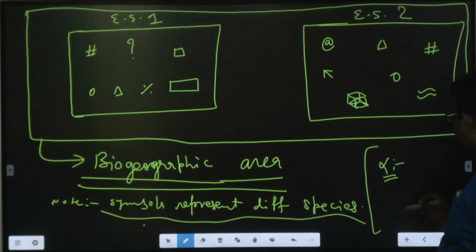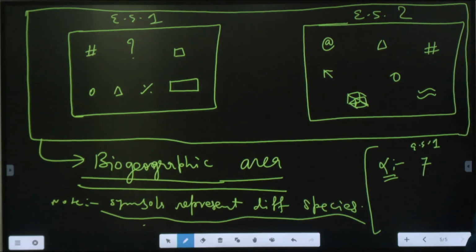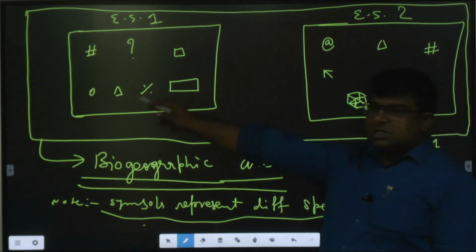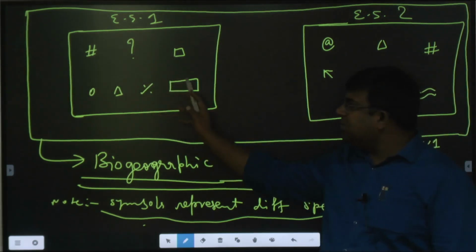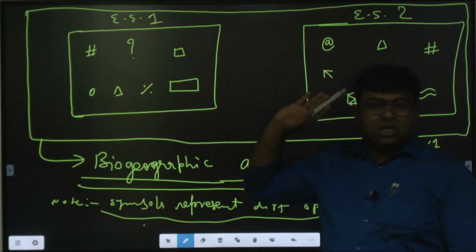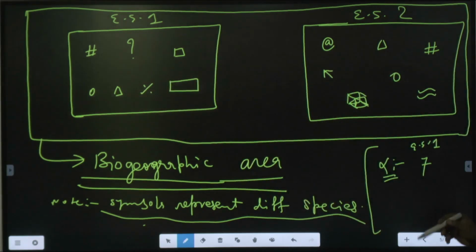So alpha diversity for ecosystem 1 is 7. All symbols represent different species. So how many species? 1, 2, 3, 4, 5, 6, 7, right? Similarly, alpha diversity for ecosystem 2 is 1, 2, 3, 4, 5, 6, 7. Again 7, right? This is alpha diversity.